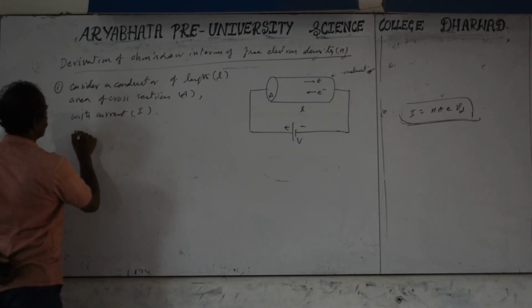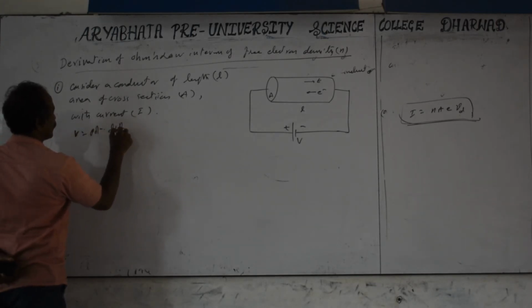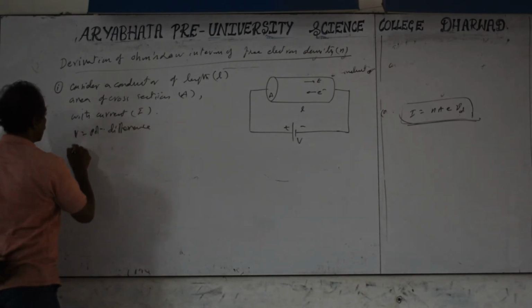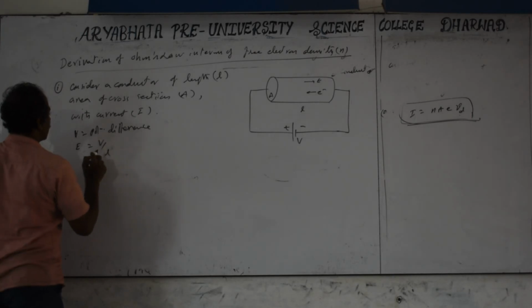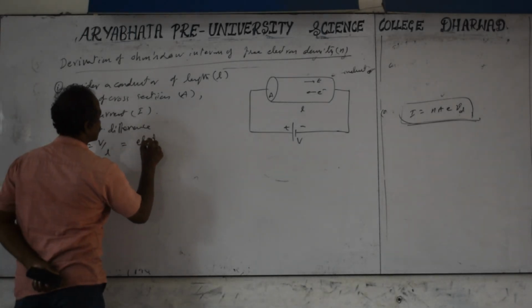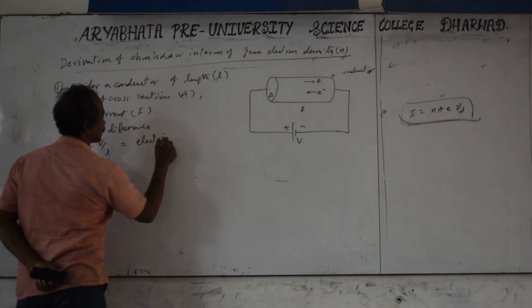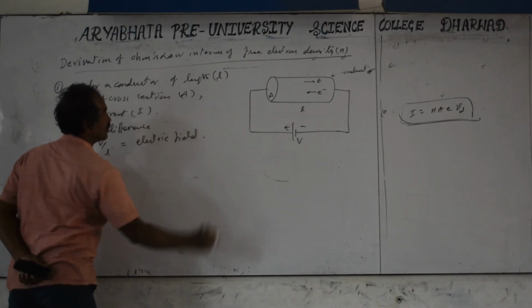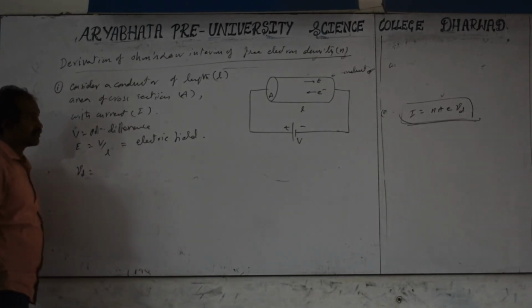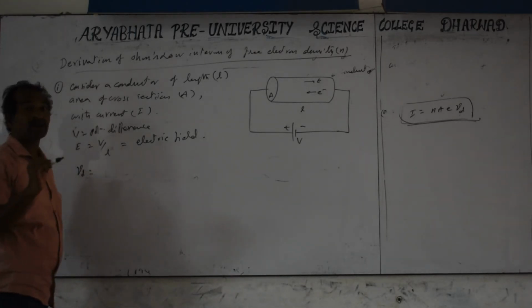V equals the potential difference, and electric field E equals V by L. It is produced inside the conductor by the potential difference. And Vd is the drift velocity. Previously we took the macroscopic quantity, now we are going to take the microscopic relation.